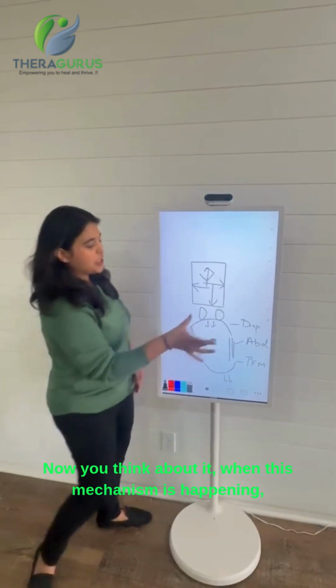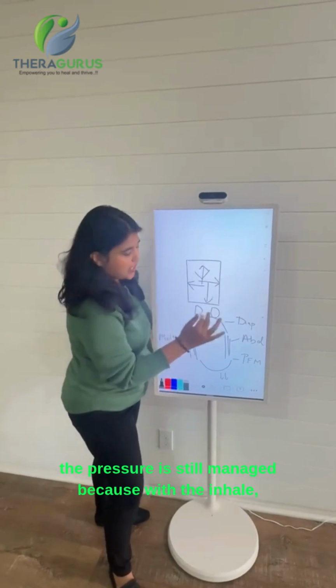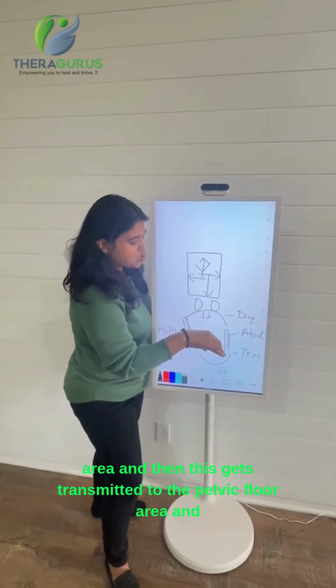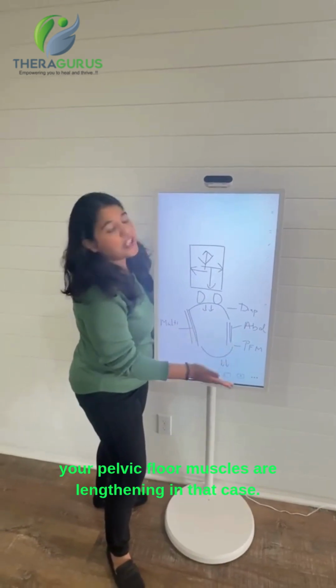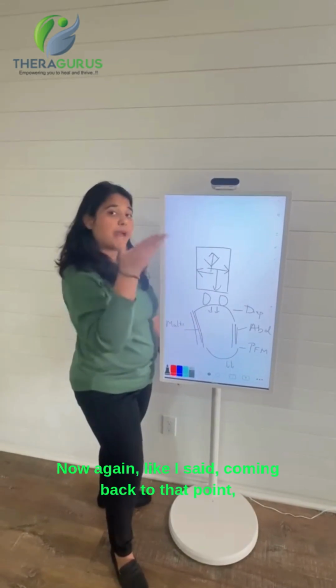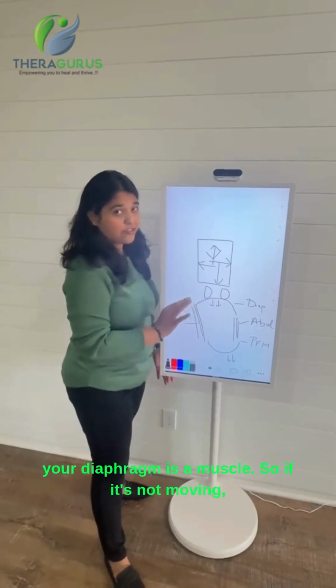Now you think about it, when this mechanism is happening, the pressure is still managed, because with the inhale, the pressure is transmitted to the intra-abdominal area, and then to the pelvic floor area, and your pelvic floor muscles are lengthening in that case. Now imagine if your diaphragm is not moving. Your diaphragm is a muscle.